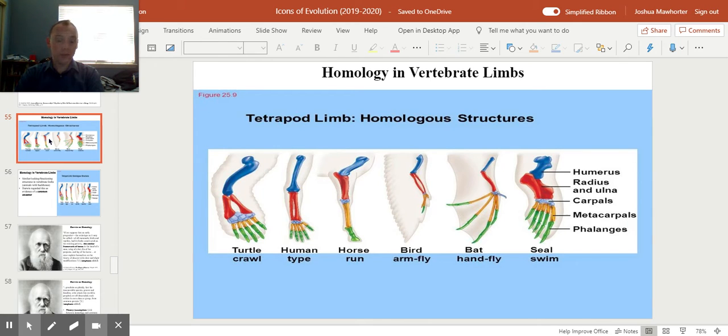Not all of them are similar in function. For example, the bird's arm to fly is not the same thing as what the human arm does. So they're similar in some functions, not all.